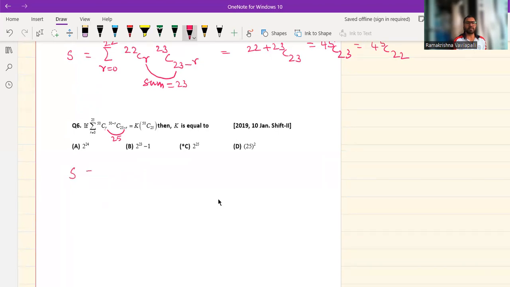Given sum S equal to sigma r equal to 0 to 25, the first one is 50Cr into 50 minus r C 25 minus r.